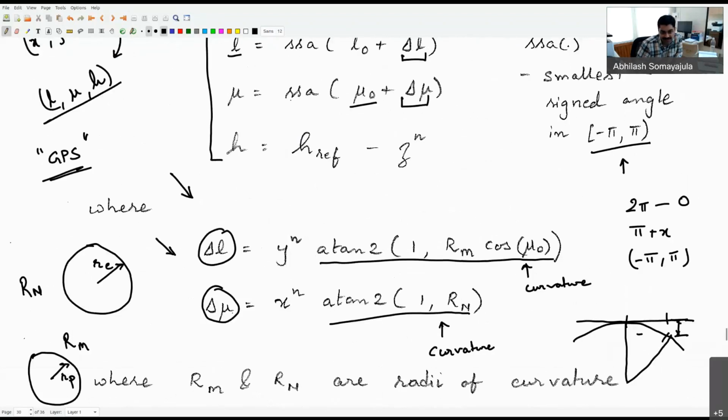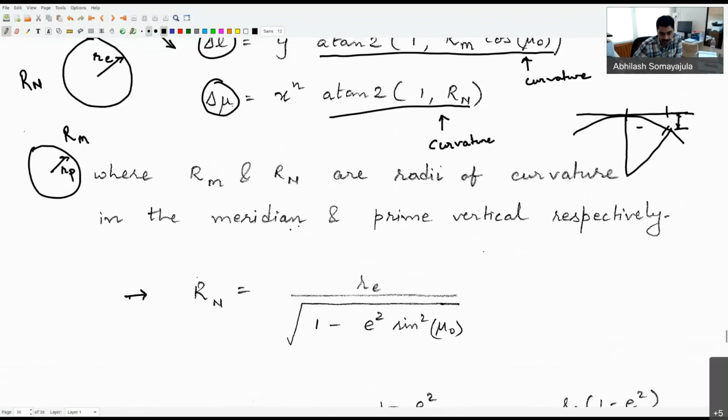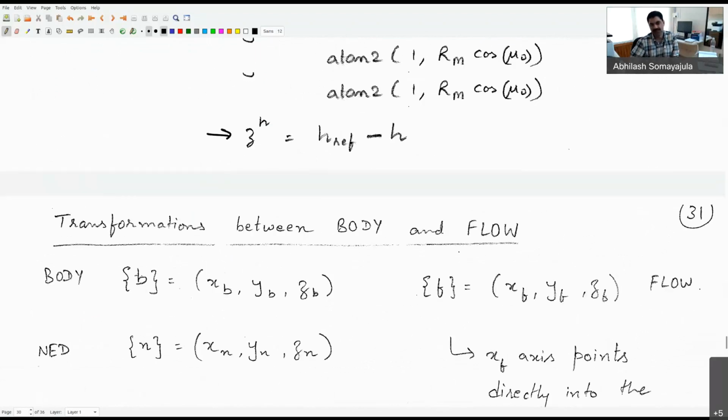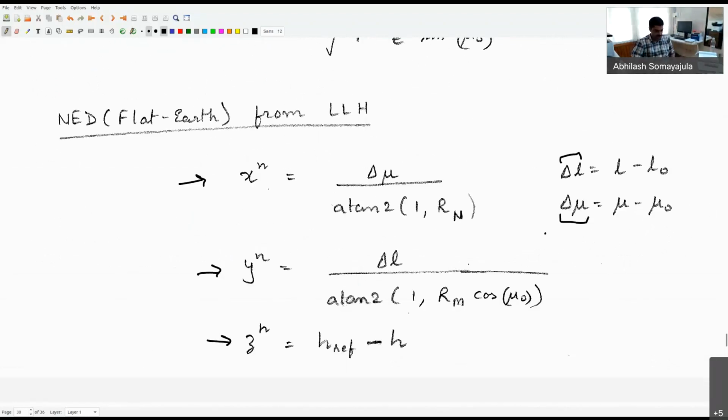So xn will be delta mu by this, yn will be delta L by this, and so on. It's basically a conversion factor: how to convert a latitude, longitude, and height value which you read from your GPS sensor into the NED frame. These would be the most important equations which we will require in our applications.